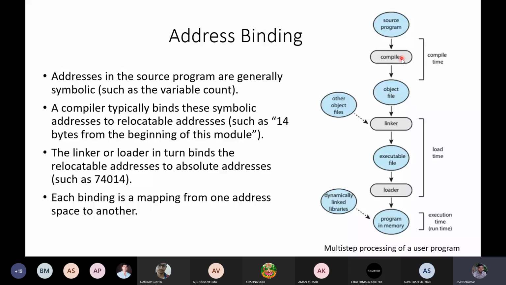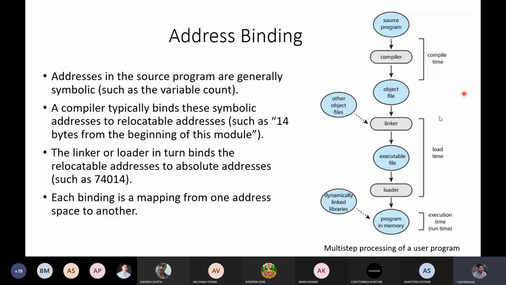This object file is further linked with other object files using a linker, converted into an executable file, and loaded for execution. And when the program is in memory, dynamically linked libraries are linked with it, and the executable file will be loaded, and this is called execution time. So we have compile time, load time, and execution time.